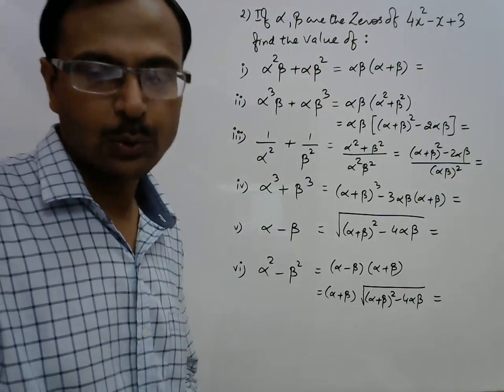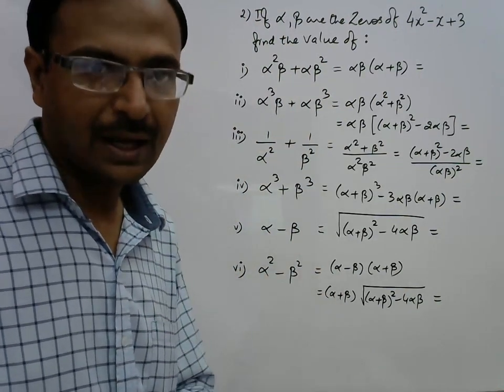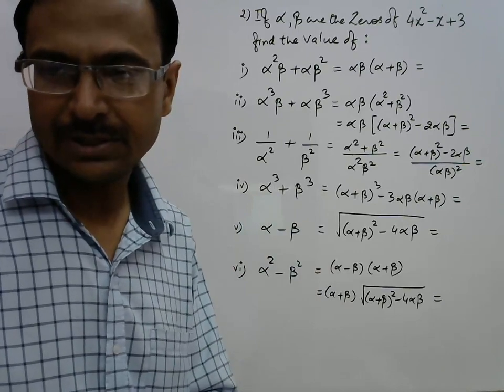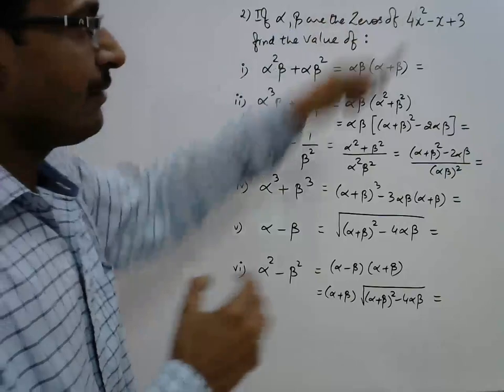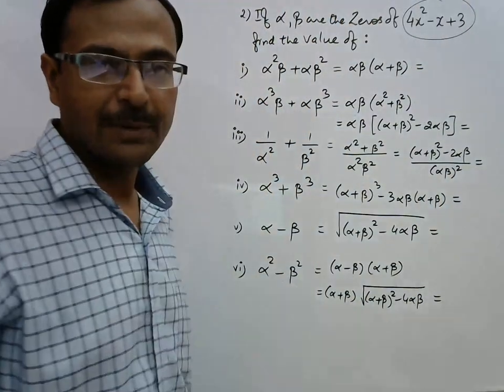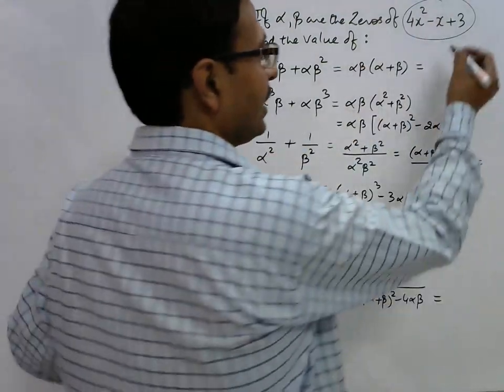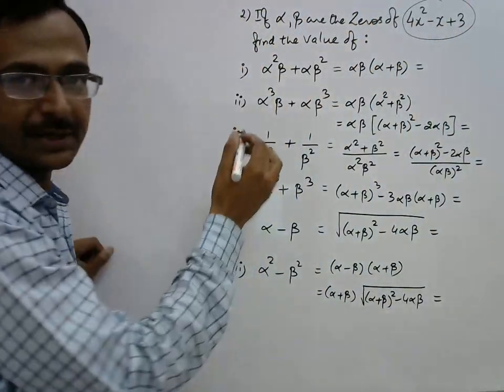See, I have told you how to convert all expressions in the form of alpha plus beta and alpha beta. So now you can tally your answers. See, the value of alpha plus beta and alpha beta from this expression is, say, alpha plus beta, I'll write it here because I think that is not visible.